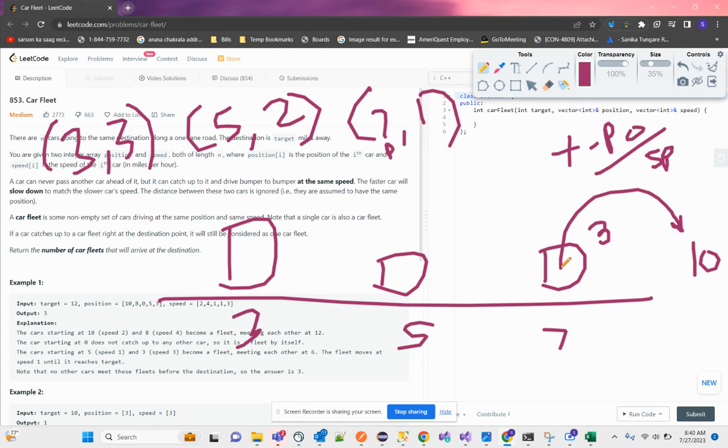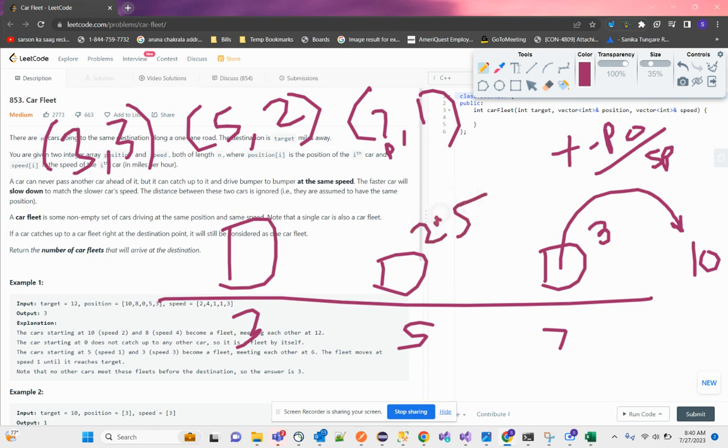So at time 3, it is going to reach the target position. Now when you come over here to 5, we have to calculate the same thing for the car at the fifth position. So same, target minus position divided by speed, that is 10 minus 5 divided by 2, that comes to 2.5.